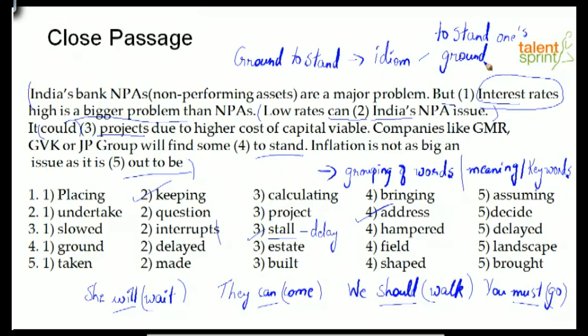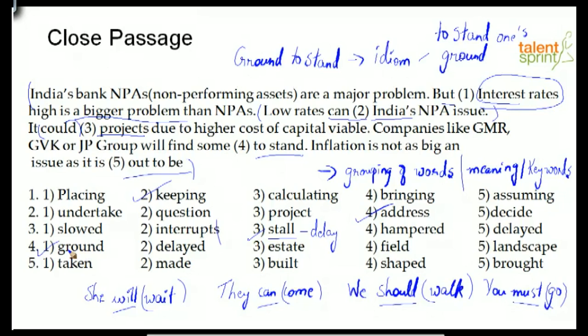Because Amber, we're talking about an expression that gives out the right meaning in the context, right? So in the context we are saying companies like GMR, GVK or JP Group will find some ground to stand, meaning even if they face any difficulties, they will still be able to maintain their position. So the obvious answer is ground because that's the right expression, bringing in the right meaning in the context.